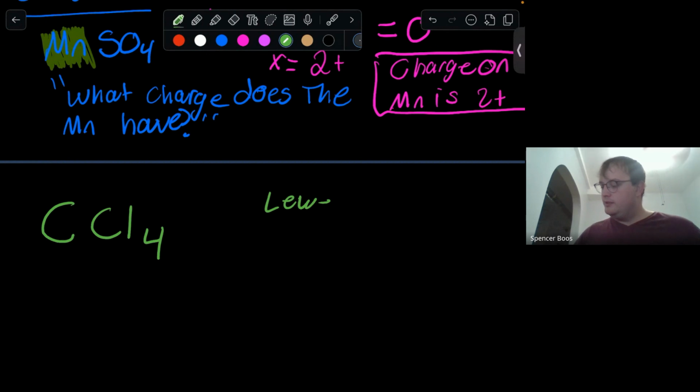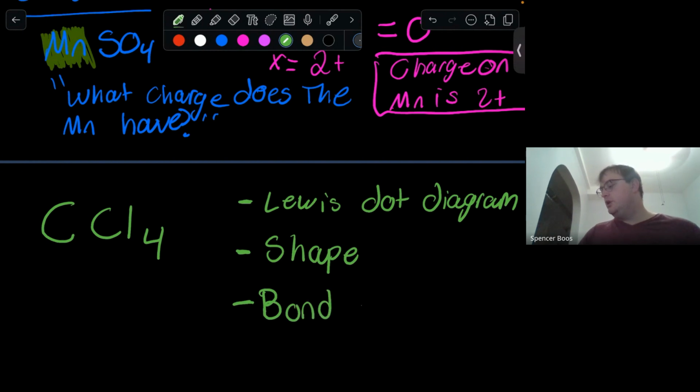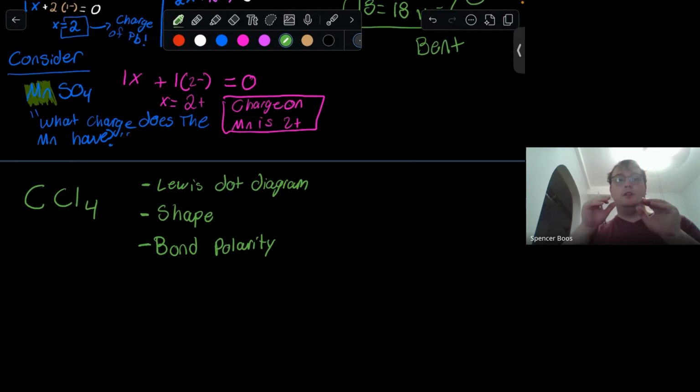Lewis dot diagram. I want to know the shape and the bond polarity. Go. Take a minute. Solve it.